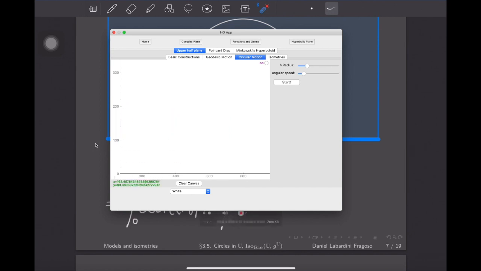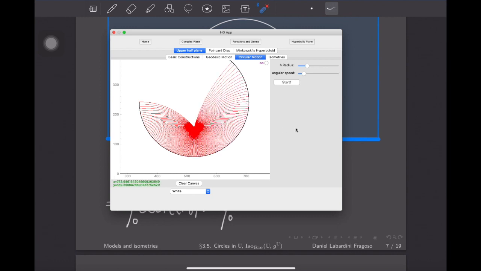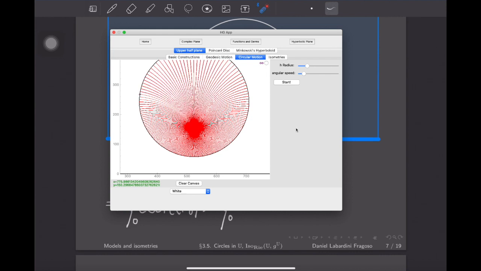So maybe let me show it another time. It looks faster, and then slower, and then again fast, slow. But when I say fast and slow, it's again when I see things with the Euclidean eye.